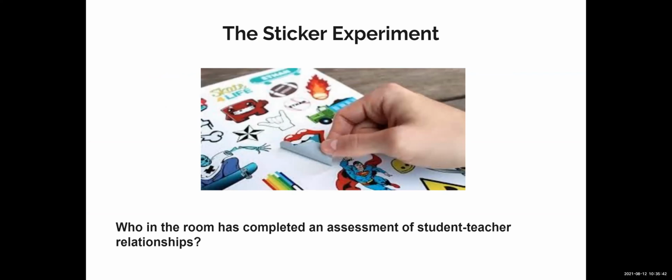And then you have to define with them what a good relationship is. Then the staff and faculty put a sticker on each student that they have a positive, strong relationship with, right? And what you're looking for is to find the students with no stickers.